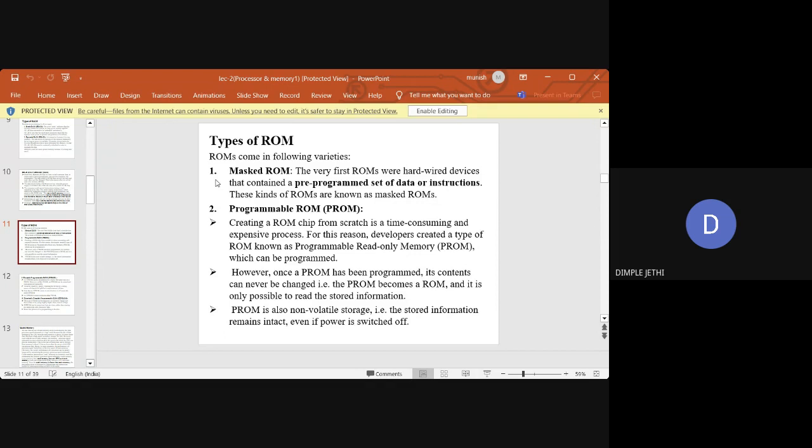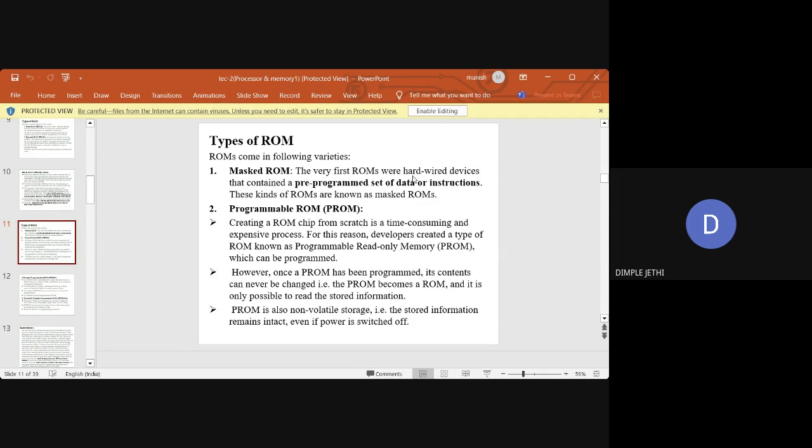When the machine is made specifically for this purpose, why not build circuits for those data and instructions? That is why this is called a hardwired device. The manufacturer wires those instructions into the circuit itself.